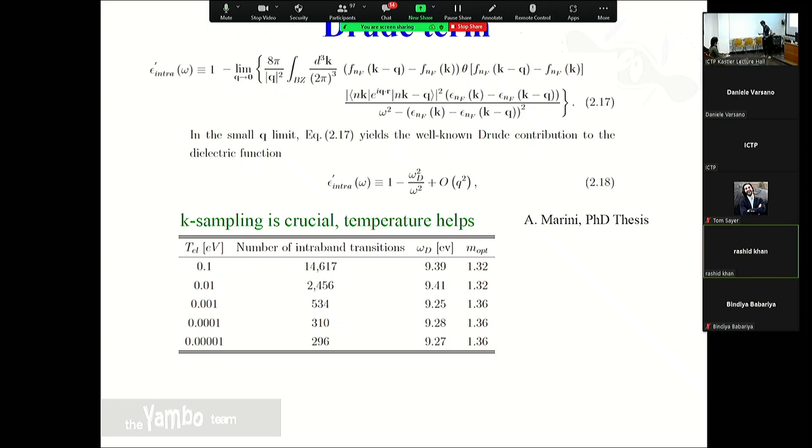Also, I would say that emission is very similar to absorption. So as a zero-order approximation, you can just take the absorption and use it to infer the emission.